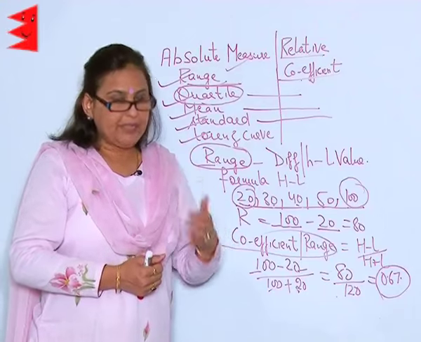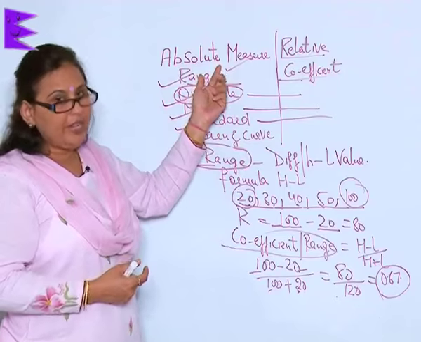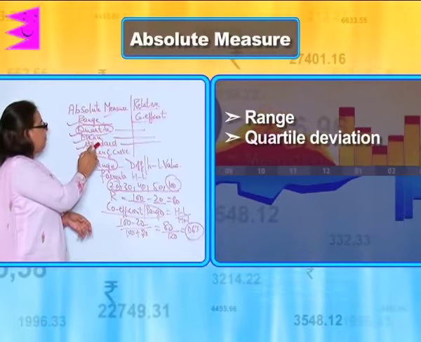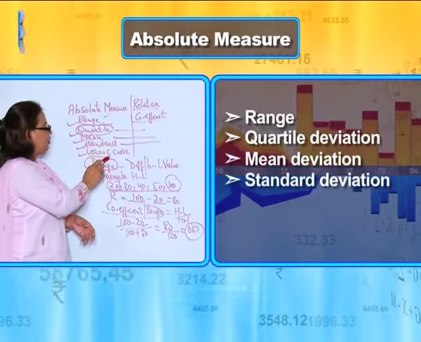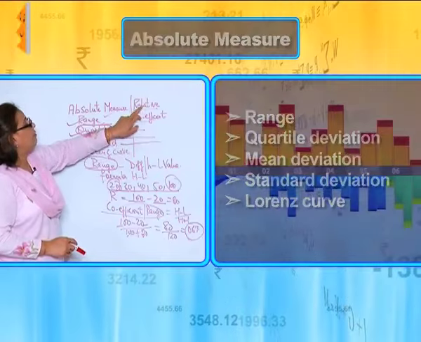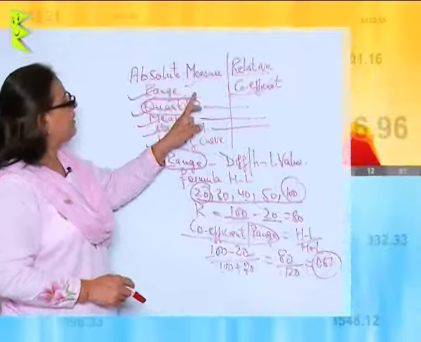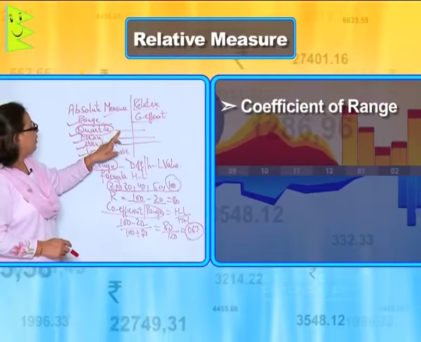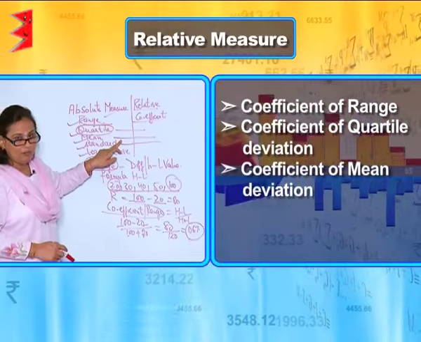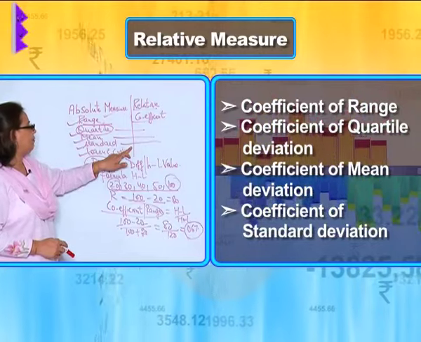As far as the absolute measures of dispersion are concerned, the methods are range, quartile deviation, mean deviation, standard deviation and the Lorenz curve. But when we talk of measuring it in relative terms, then it is coefficient of range, coefficient of quartile deviation, coefficient of mean deviation and coefficient of standard deviation.